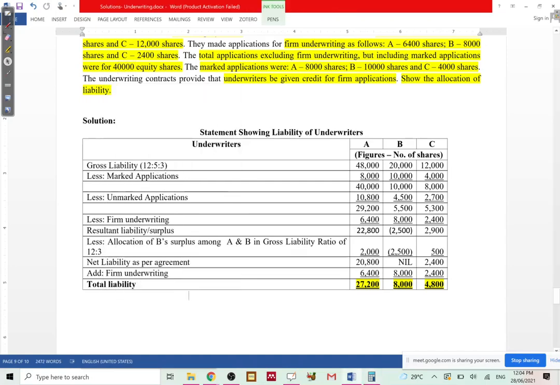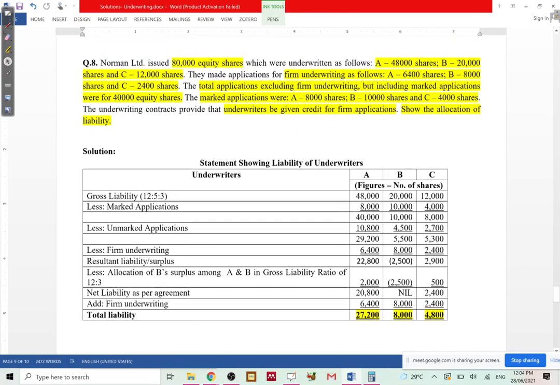So this was a problem on a scenario when the underwriters are given benefit or they are given credit for the firm underwriting applications, right? So they are being given the credit of it.